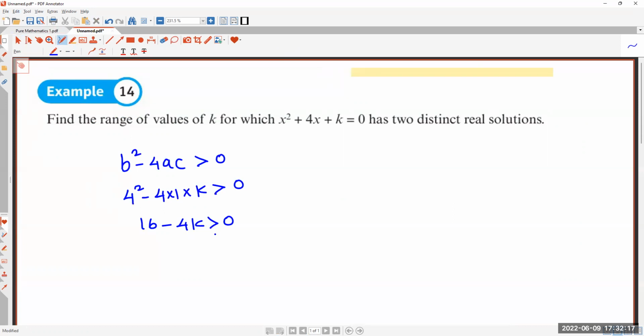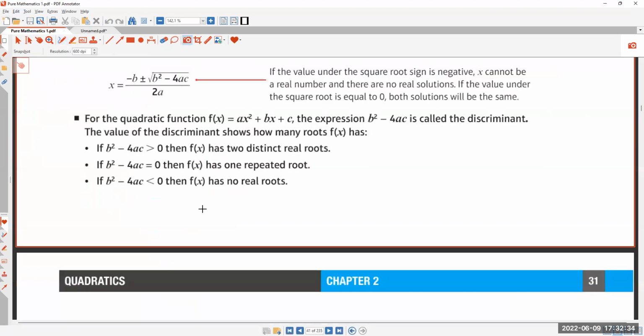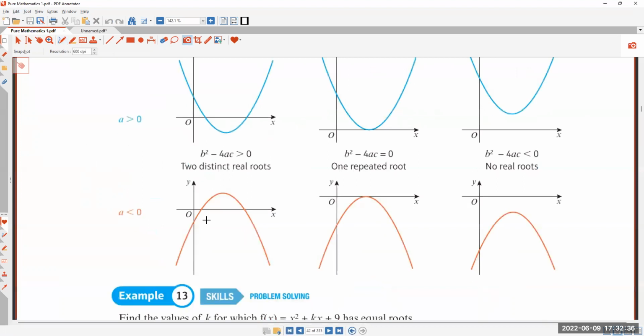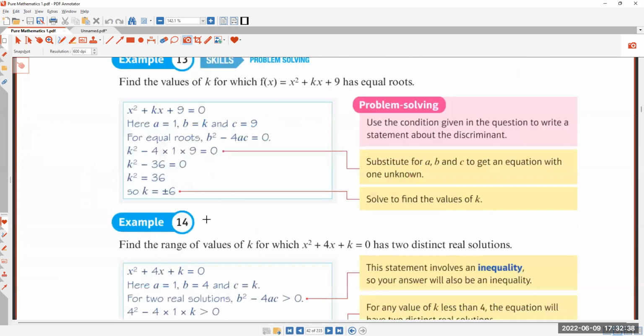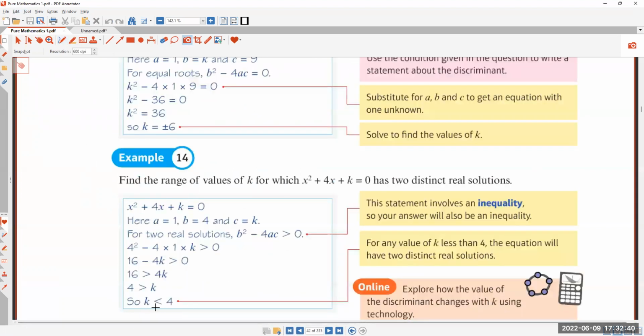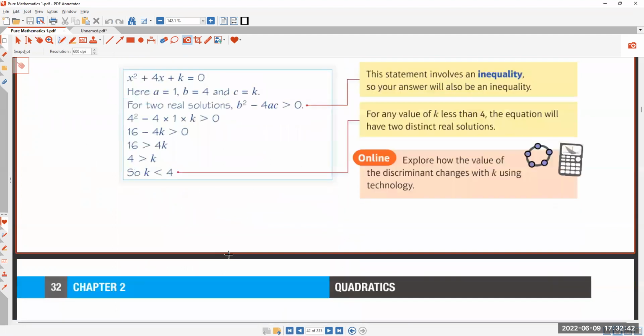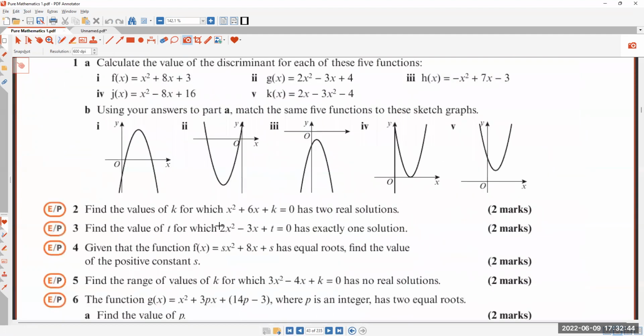If there is an inequality sign, bring it on the other side. So 16 greater than 4k. That means k is less than 4. You guys know how to use the crocodile's mouth, no? So k is less than 4. Understood? Okay, done.